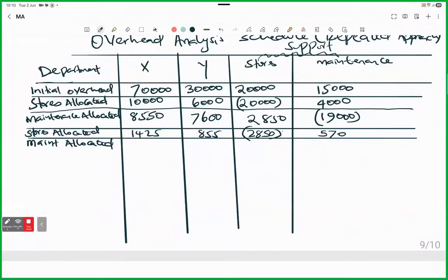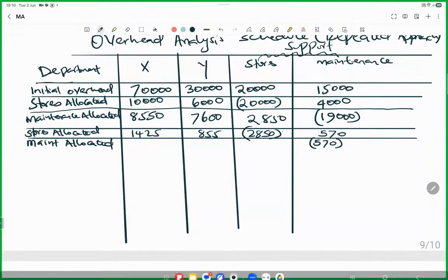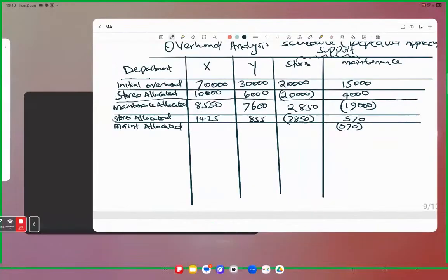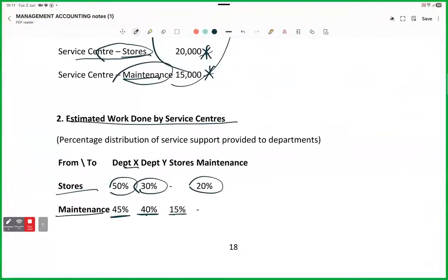So now, maintenance allocated, we want to remove 570. Do you remember the percentages for maintenance? It is 45, 40, and 15.